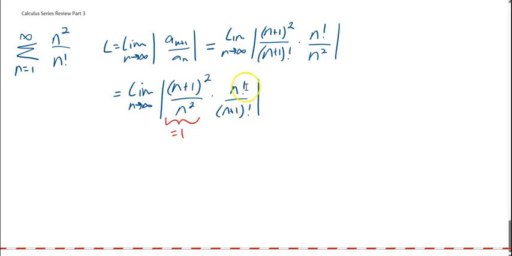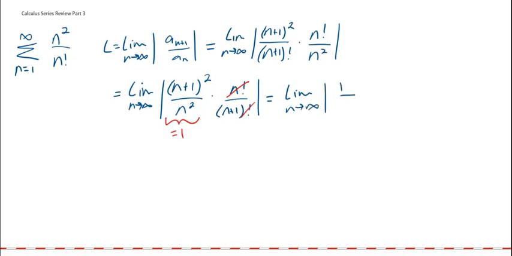And then this one right here works in the same way as the one that we did earlier. All of those cancel with all of the factorials and leave me with just the n plus 1. So this is equal to the limit as n goes to infinity, absolute value.